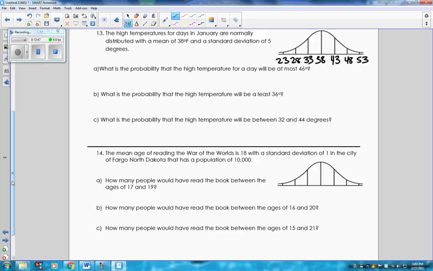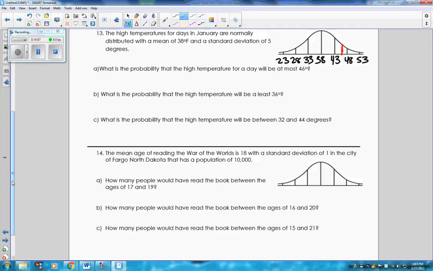the first problem says, what is the probability that the high temperature for a day will be at most 46? So 46 is probably about in here somewhere. So that doesn't lie directly onto the standard deviations. So I'm going to have to use a calculator for this.